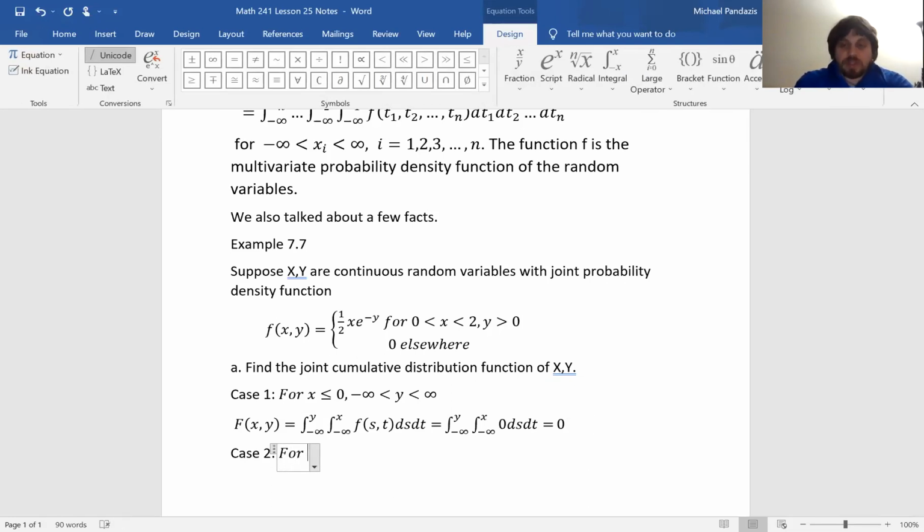Case 2: now we change the x value. We have negative infinity less than x less than infinity, and y less than or equal to 0.